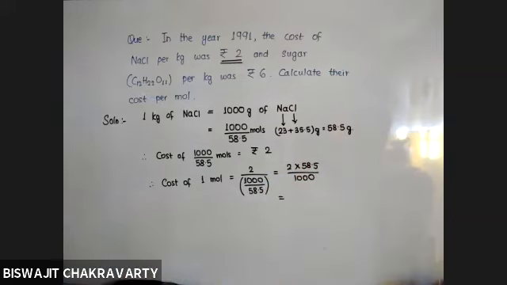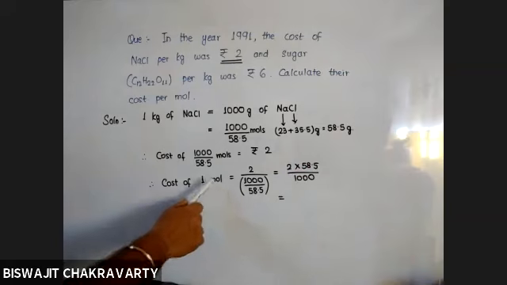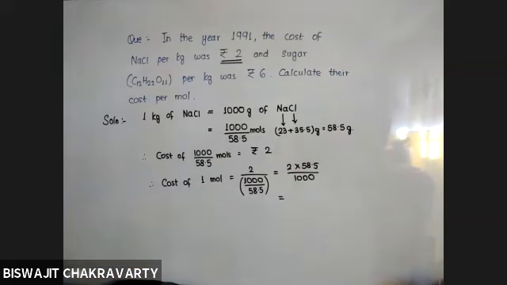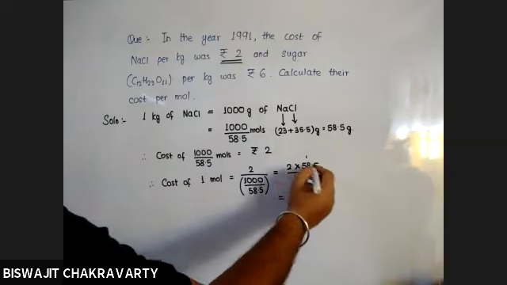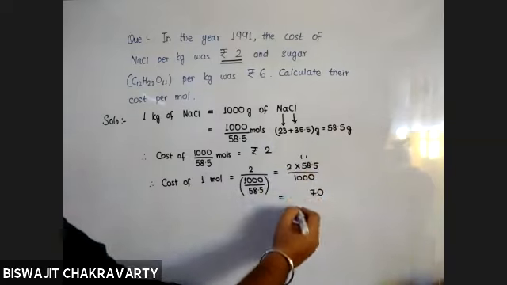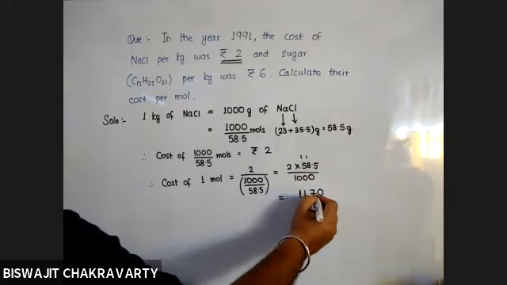Whenever we calculate the value for 1, we always divide. You have seen this in the unitary method in lower classes or mathematics. 2 5s are 10, 2 8s are 16, 17, 2 5s are 10, 11.